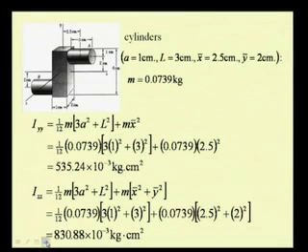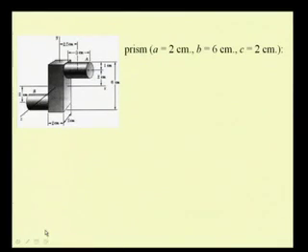Now, let us move on to determine the second moment of the mass with respect to x, y and z axis for this prism. The various dimensions are that the prism is having a square base. So, A is 2 centimeters and C is also 2 centimeters.